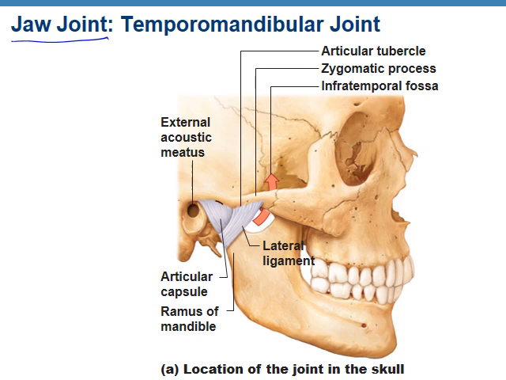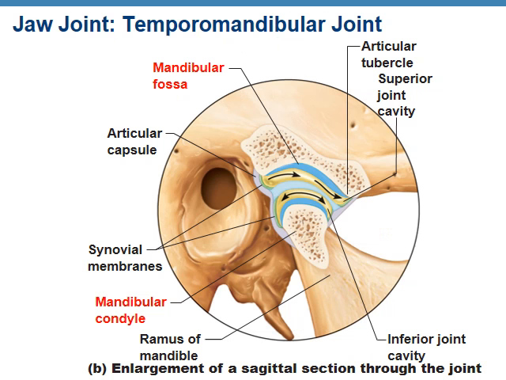Last one is the jaw joint, or the temporomandibular joint. So remember, this is where your temporal bone and your mandible come together. So here's an enlarged view of your temporomandibular joint. Hopefully by now you may have recognized TMJ. So what's interesting is some people will say, I have TMJ. Well, everyone has TMJ. Everyone has a temporomandibular joint.